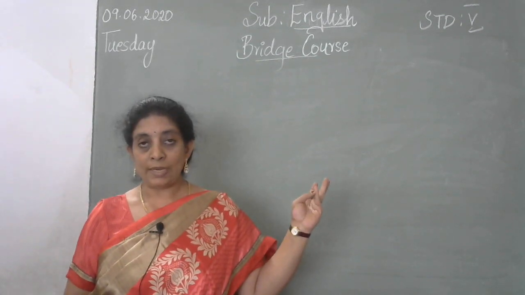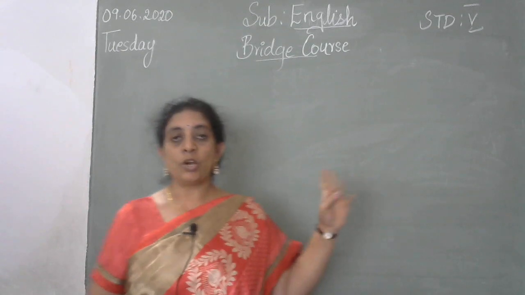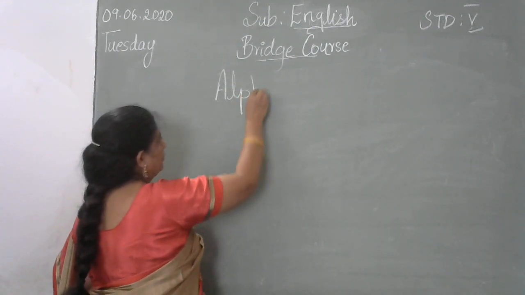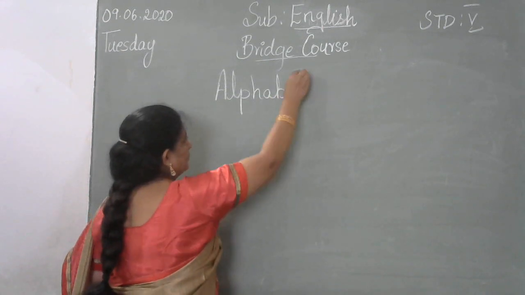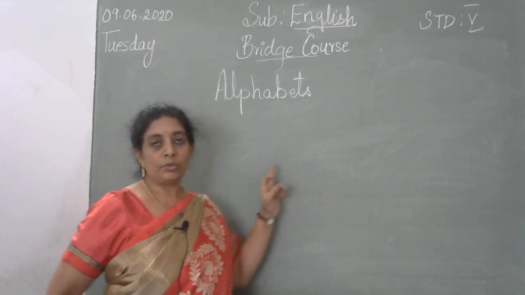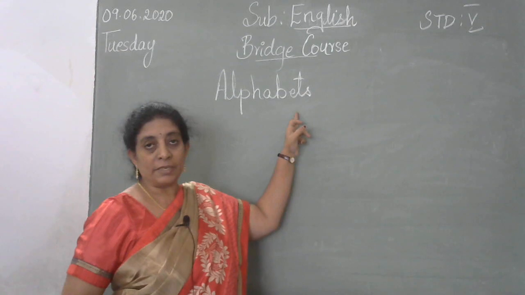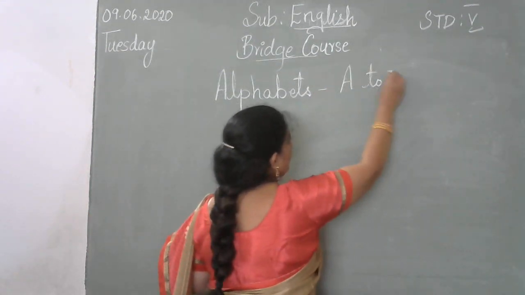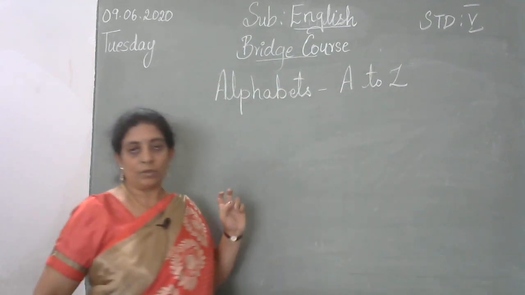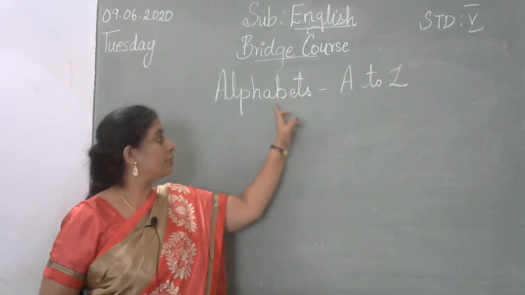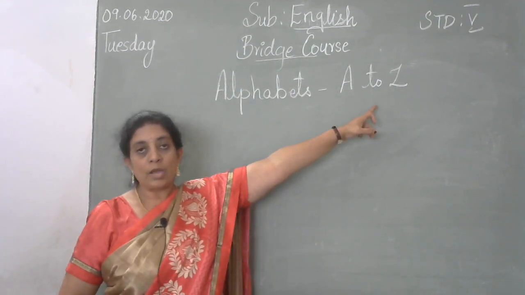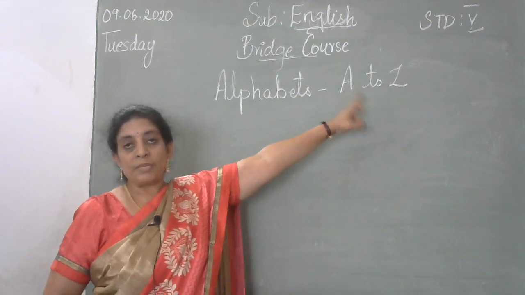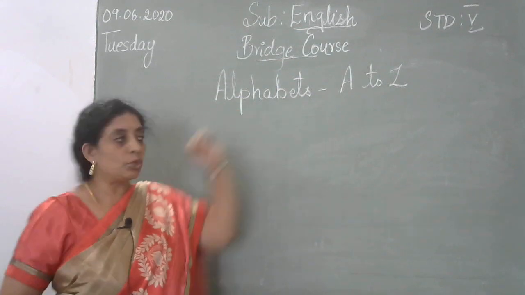English you know very well. English means it has got alphabets. Alphabets are from A to Z. And totally, these alphabets from A to Z can be divided into two groups.